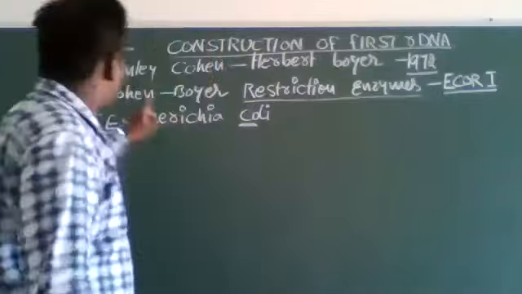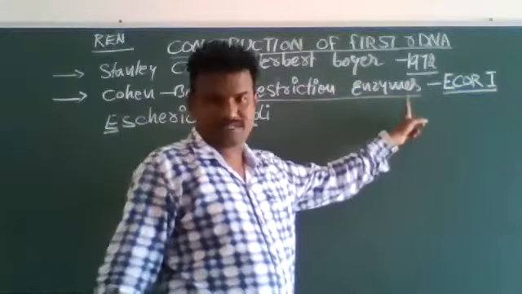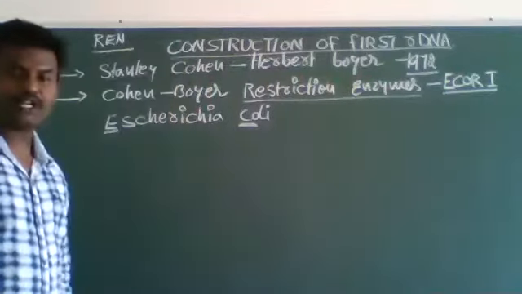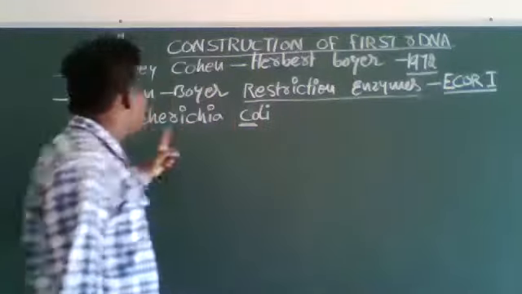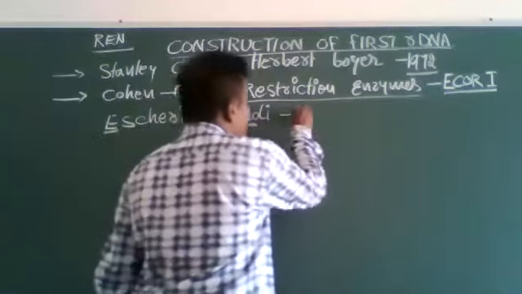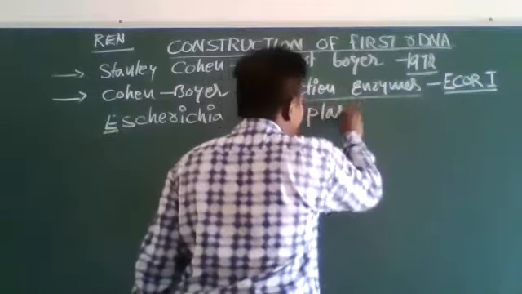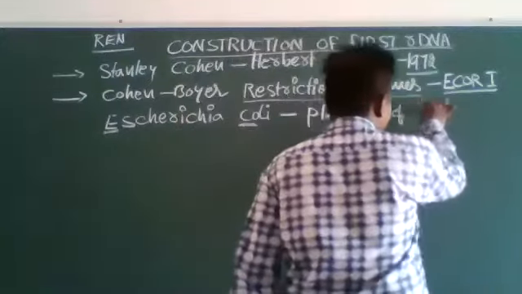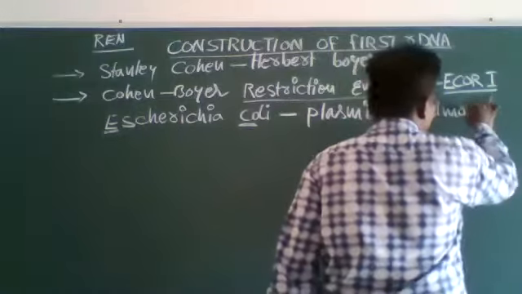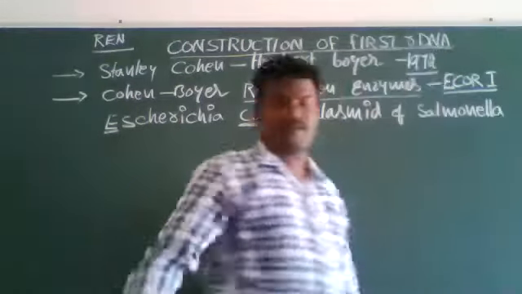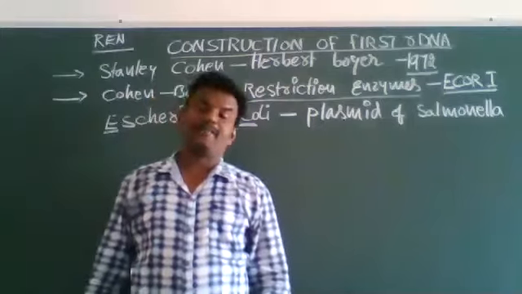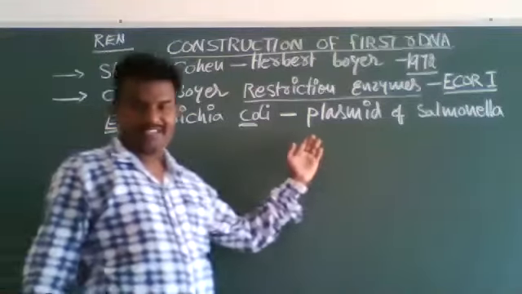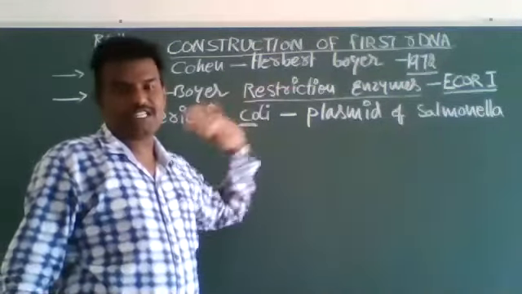So Cohen and Boyer used the restriction enzyme called EcoR1, which is collected from Escherichia coli, to cut the plasmid of Salmonella typhimurium. From the Escherichia coli bacteria, restriction enzymes are collected.